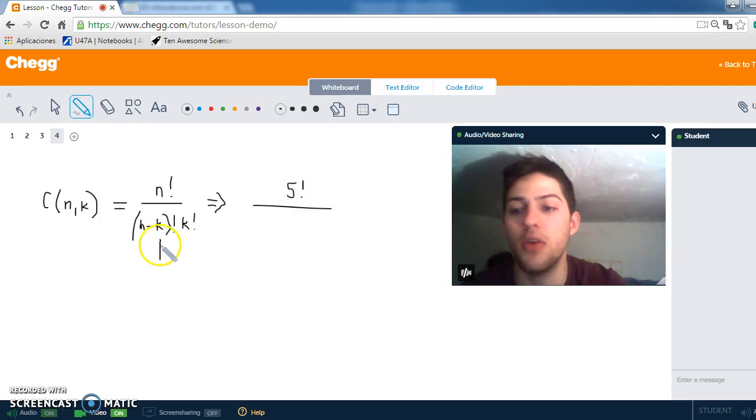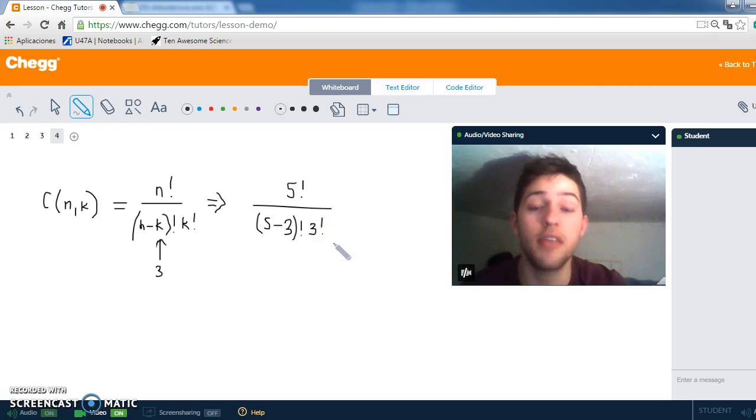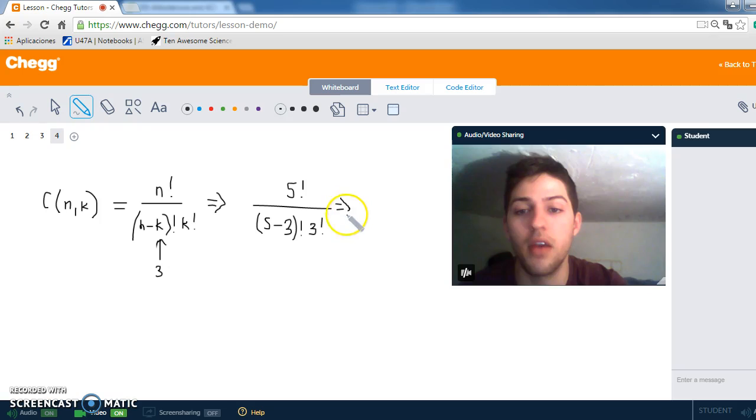Again, we're going to be using 3 here for our k. So that means that we're going to do 5 minus 3 factorial, and also 3 factorial. And that's going to, like I said, give us something drastically different, okay? So that's going to end up giving us 5 factorial divided by 2 factorial times 3 factorial, okay?